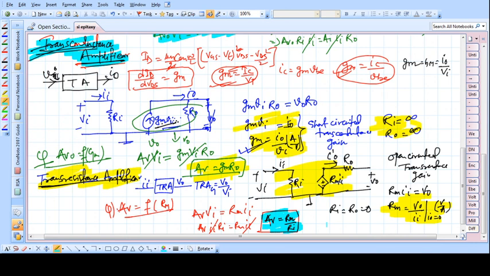So current output by voltage input is our transconductance amplifier, and the corresponding value for the short circuited one can be easily found by Gm equals I naught by Vi.